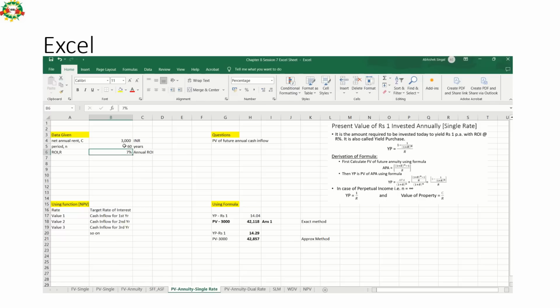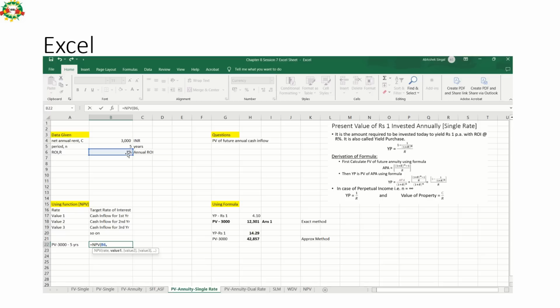Now let me show you an example of a period of 5 years, and how you can calculate with the help of an NPV-like function. You can use it for 40 years as well, but just to keep it simple, for 5 years we are calculating present value of 3000. We have to use the function PV. Then bracket open. The rate of interest is 7% here.